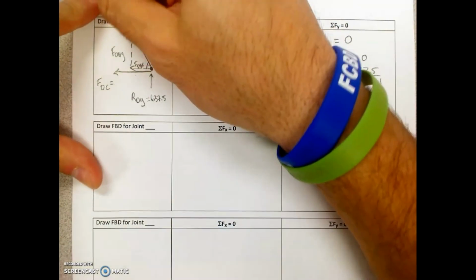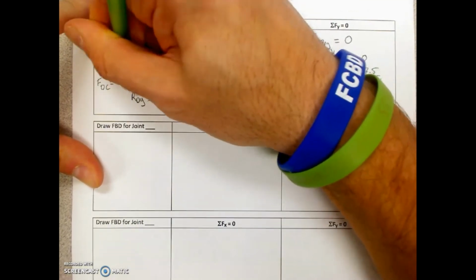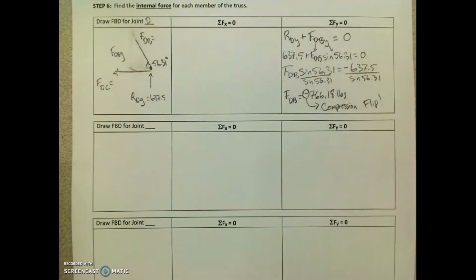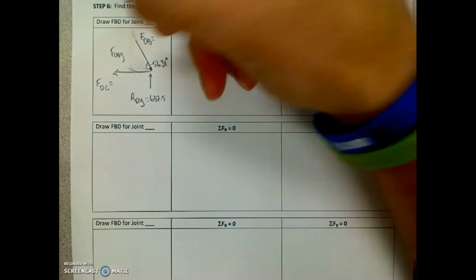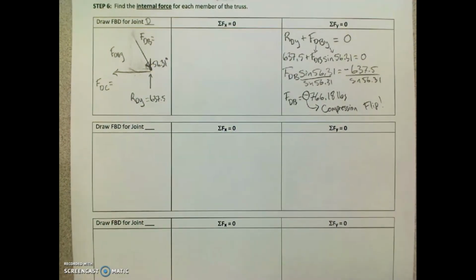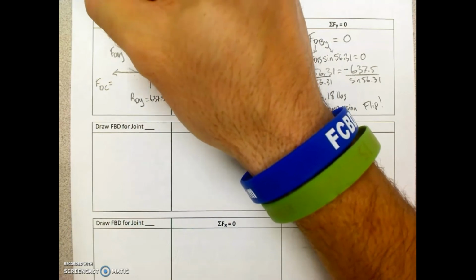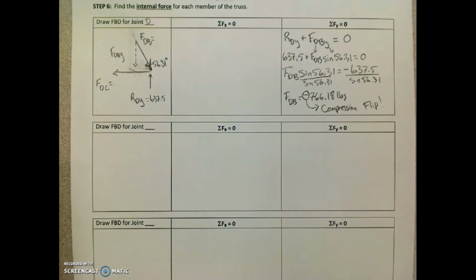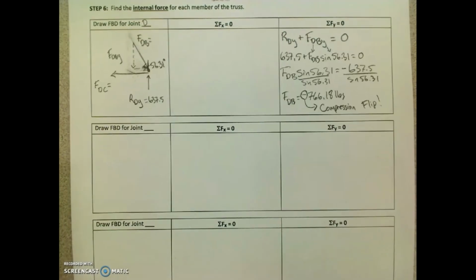And this is going to be kind of a pain in the butt, because by flipping that hypotenuse, it also messes with our x and our y direction. So instead of having our arrow going up like that, it's going to be compressing, pushing on our joint, which means that the sense is different. So my sense is now down and to the right. Instead of left and up, it's down and to the right.